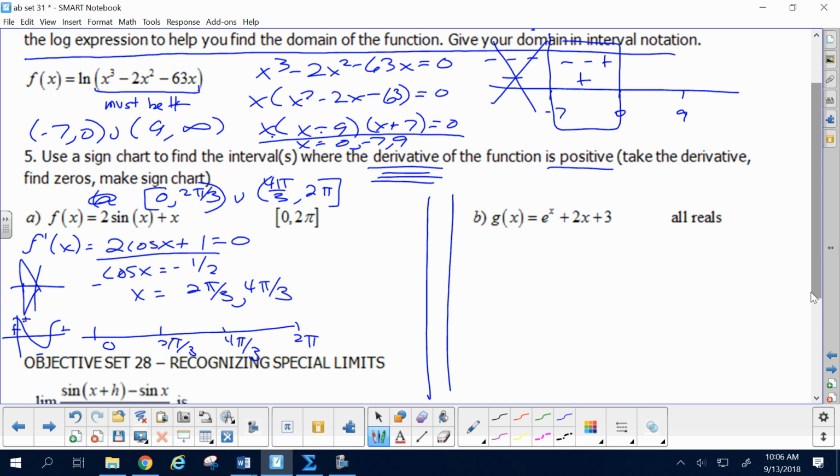What did you get for where is the derivative positive? Everywhere. E to the x is always positive. You're adding 2, so that's always positive.